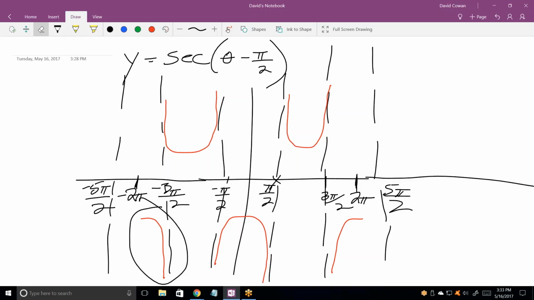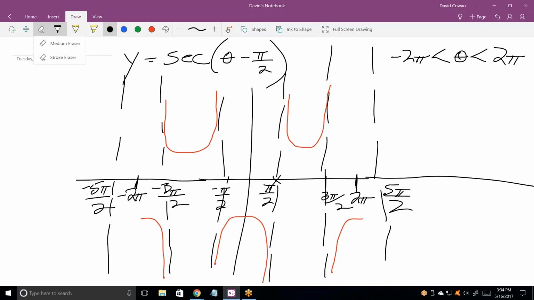That's how you have to do these. And you do have to draw them partially. As long as they have said that it goes from minus 2 pi to 2 pi, then I want my right endpoint not to be 5 pi over 2, but to be 2 pi, and my left endpoint to be minus 2 pi.